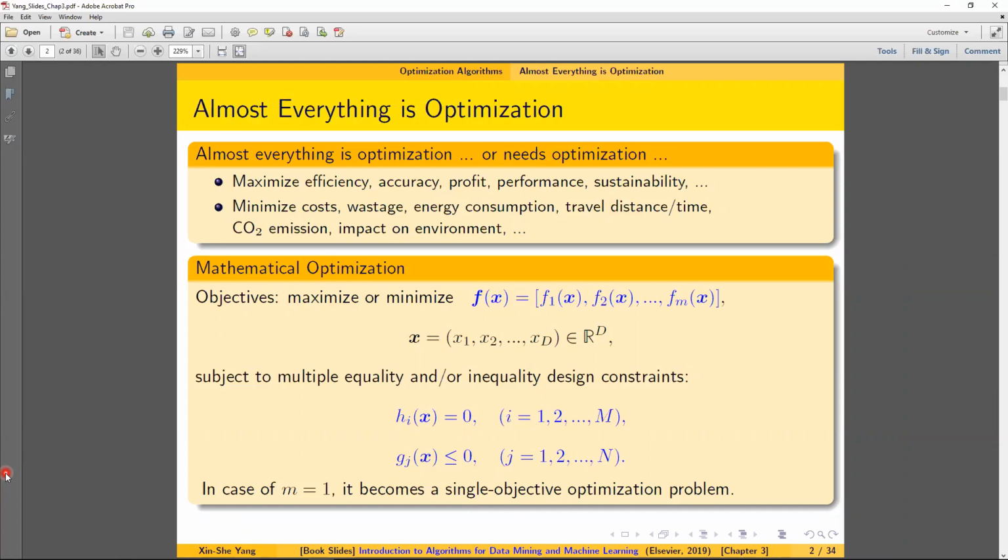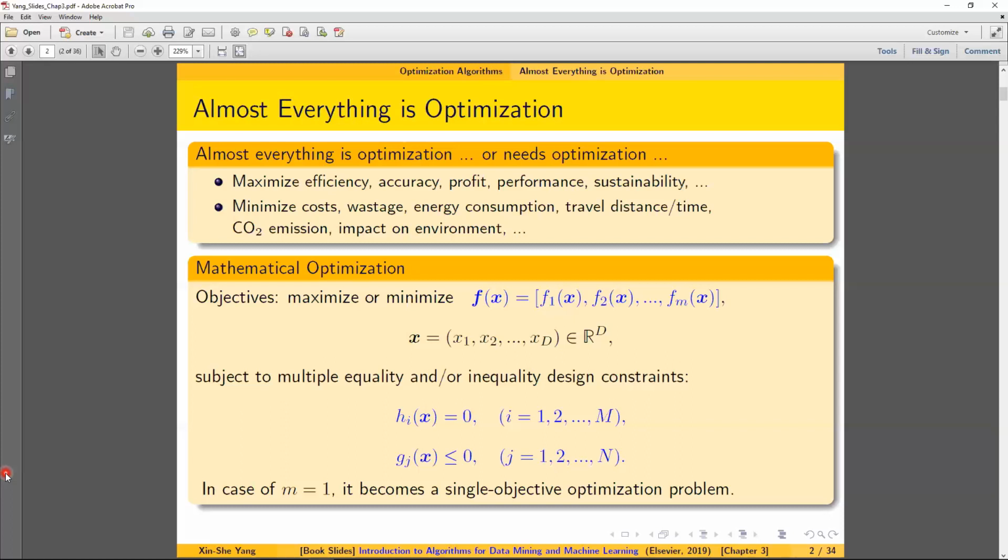What is a mathematical optimization, which you already know, right? We're trying to minimize or maximize a specific f(x), subject to multiple equality or inequality constraints. It would be h_i(x) equal to 0, one set with i going from 1 all the way to m, or another set of inequality constraints g_j(x) less than or equal to 0, j equal to 1 all the way to n.